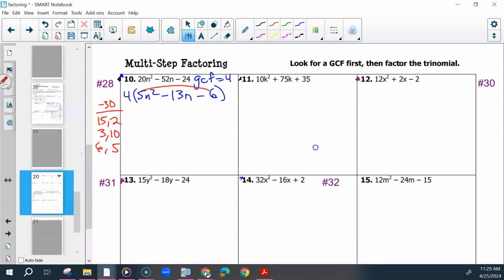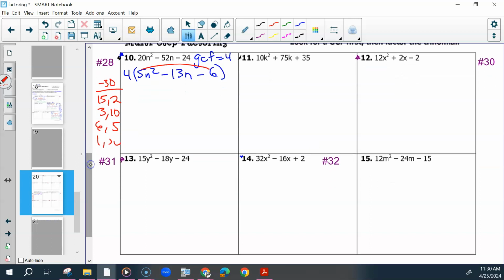If there's just one more. Doesn't matter. Are they in the right place? Okay. Which of these can we add or subtract together to get negative 13?